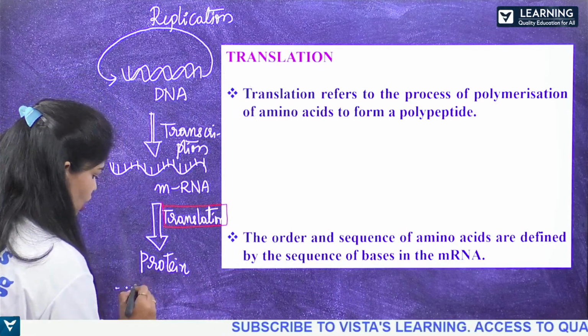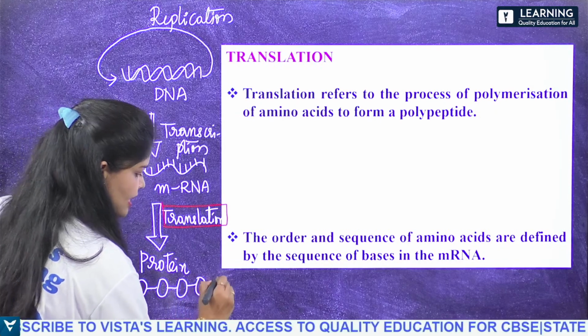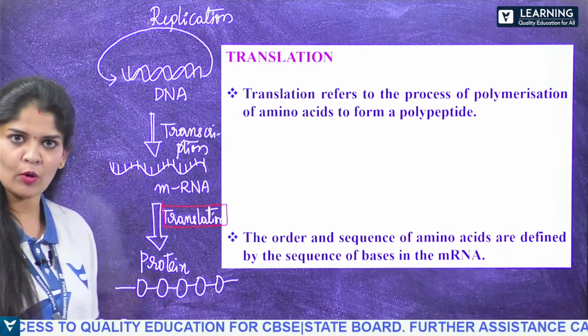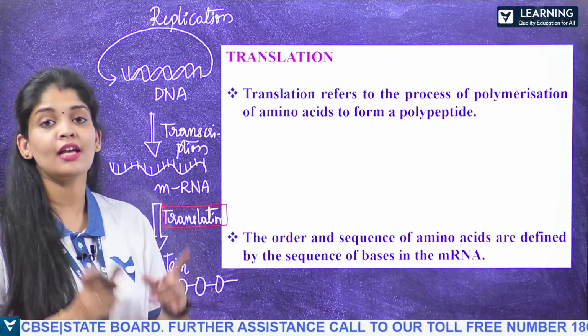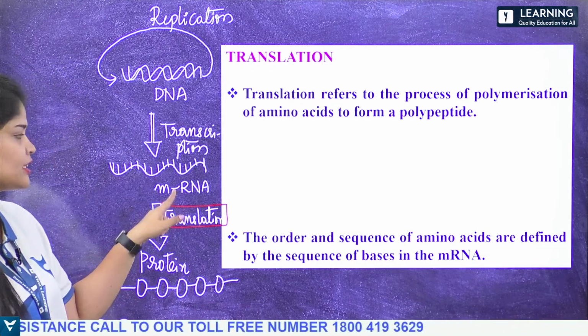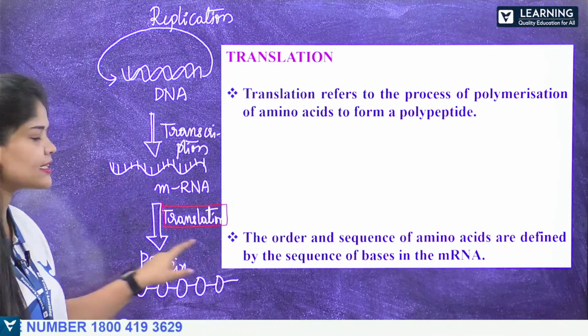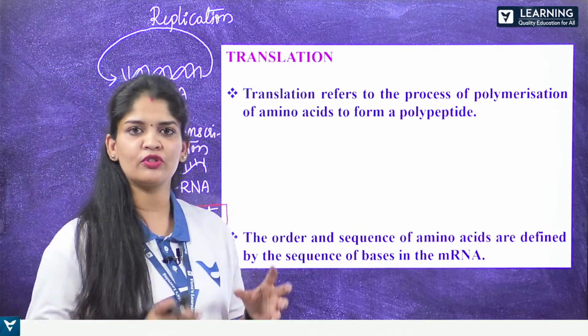The order or sequence in which the amino acids connect by forming peptide bonds, and which ultimately leads to the complete structure of the protein, is decided by the information, the codons, present on the mRNA. So we are discussing this process called translation. Let's move to translation.